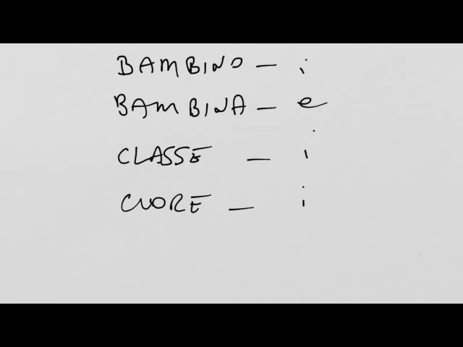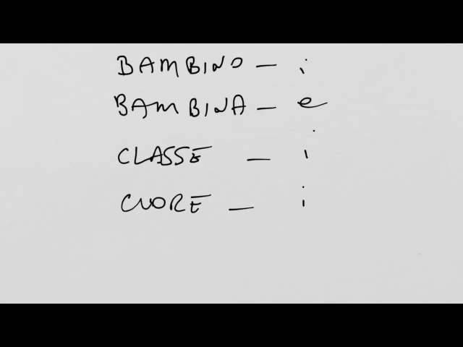Now, let's say that we want to say that these are smart. I'm not sure about a smart heart, but let's pretend that it works. We want to say that we have an intelligent boy, an intelligent girl, an intelligent class, and an intelligent heart.